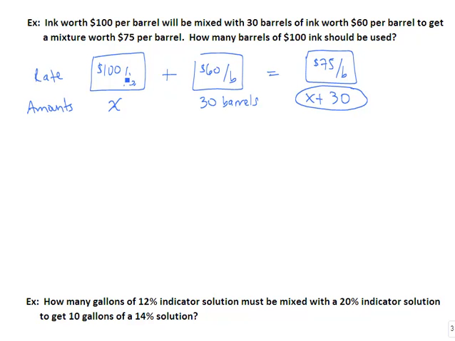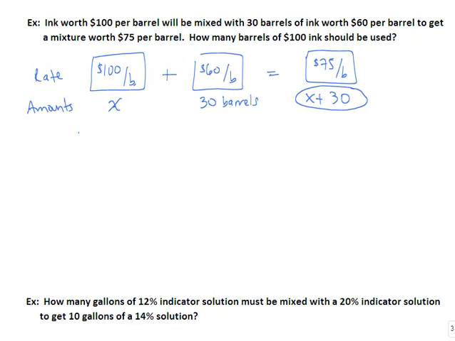I have $100 per barrel, X barrels, $60 per barrel, 30 barrels of that, $75 per barrel, and X plus 30 barrels of that. So to get my equation, we're going to do rate times amount plus rate times amount equals rate times amount.